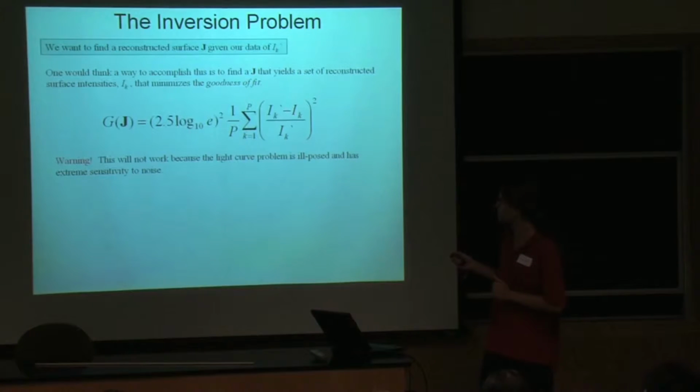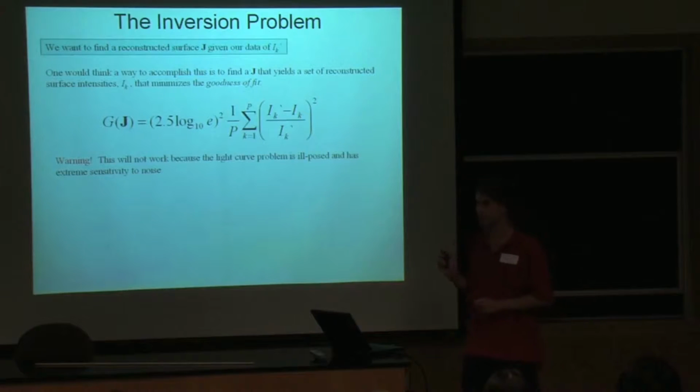So just get a bunch of light curves like the I_k, and try to find the one that best matches up with our data, which is I_k prime. So this is our goodness of fit function here, G. So you could think you could just minimize that and try to get these to be as close as possible.